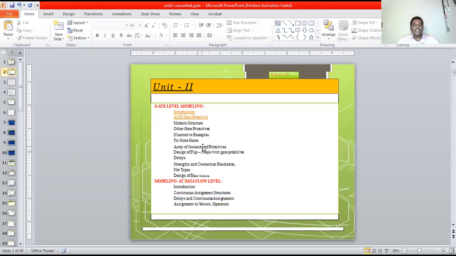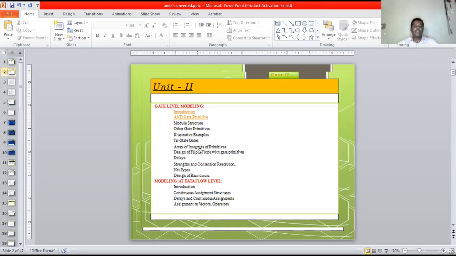Generally, to develop a digital circuit, we will not use only a single AND gate or a single OR gate. We should take the help of multiple gates, so we should know how to define multiple gates here.